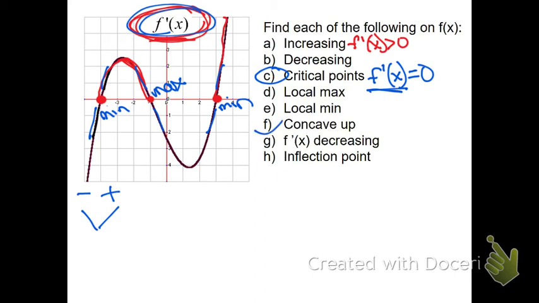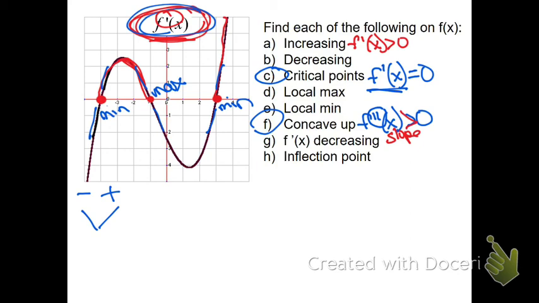Let's do part F, concave up. Concave up would be second derivative is positive. Okay, second derivative definition on a first derivative graph. If you're one derivative away, think slope. So you're going to think slope is positive.